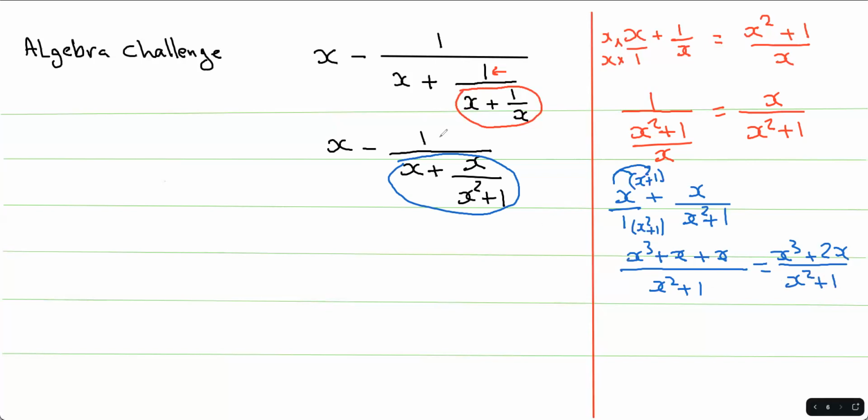And now, since there's a 1 on top of this, so the answer for this is this, and there's a 1 on top over x cubed plus 2x over x squared plus 1, then we know, as I said earlier, if it's 1 over a fraction, you just flip that fraction and you get rid of the 1.